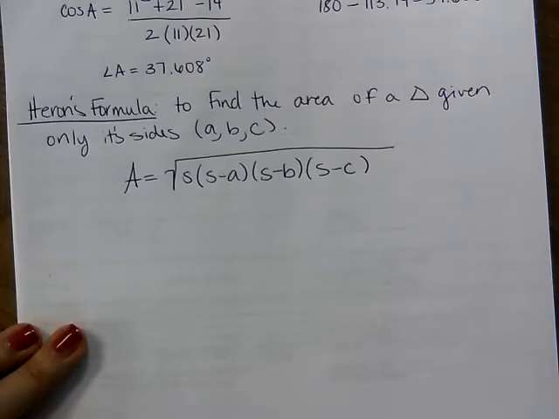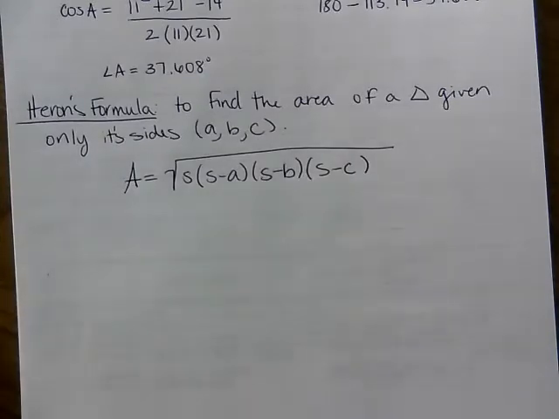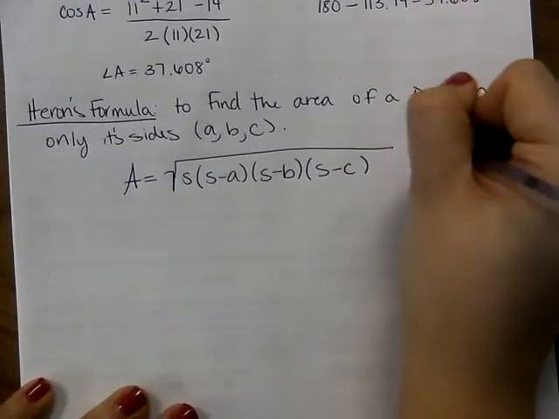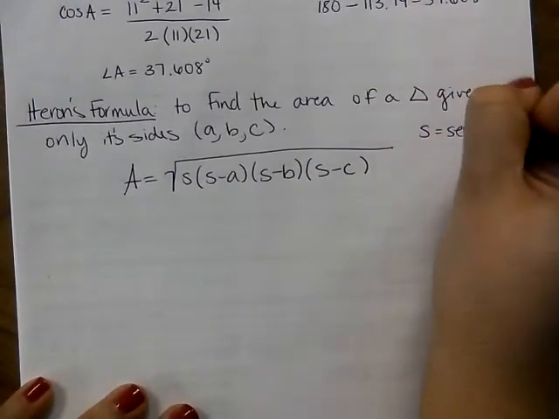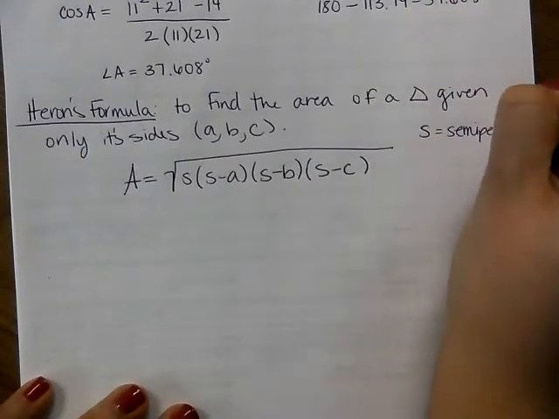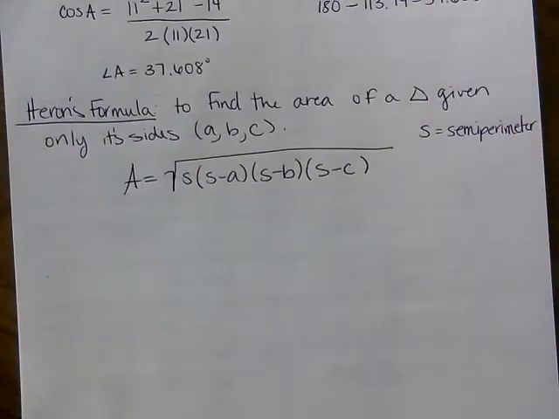So we know what A, B, and C are, right? Those are the side lengths of the triangle. What you don't know is S. So S is the semi-perimeter. What do you think that means? One half of all the sides added together, right?